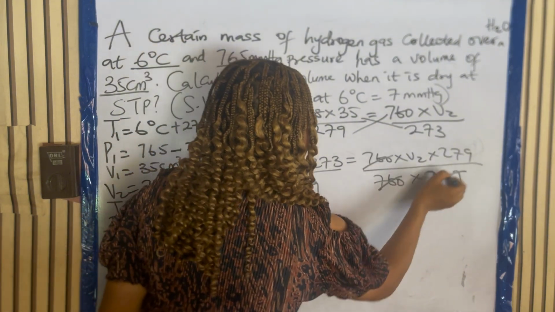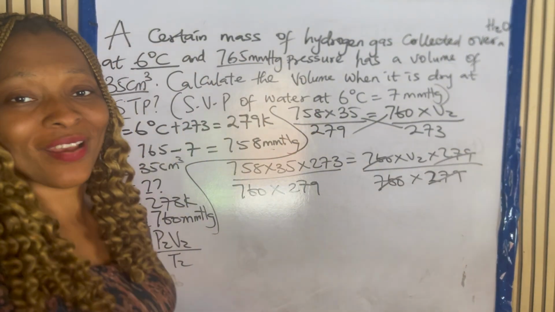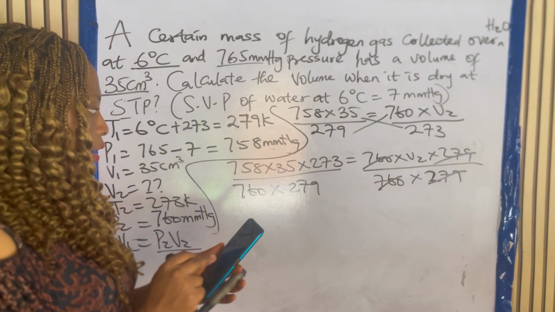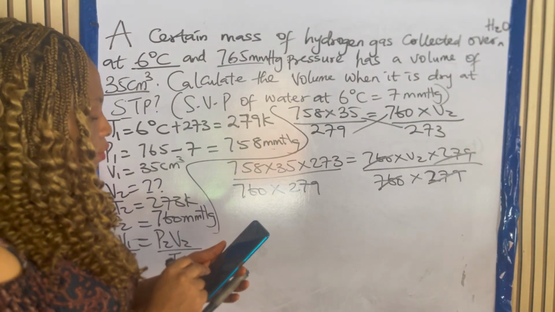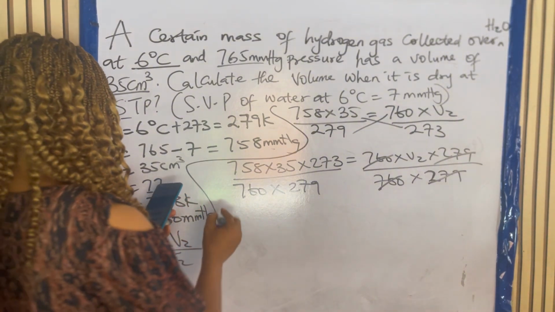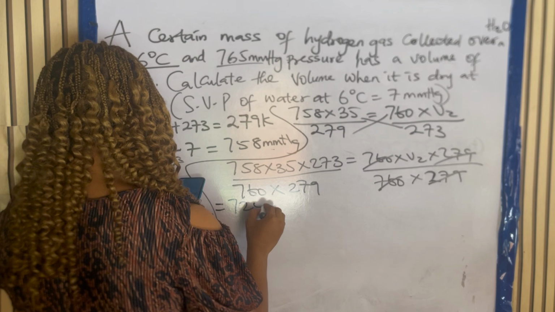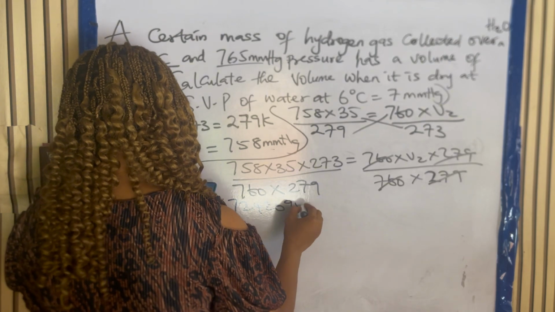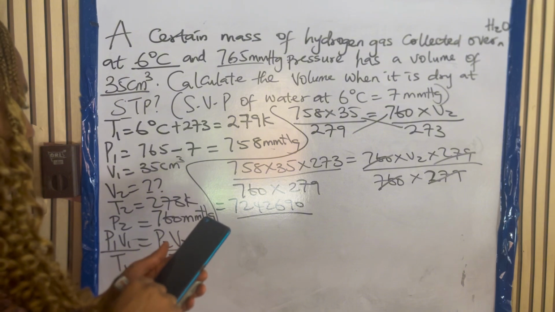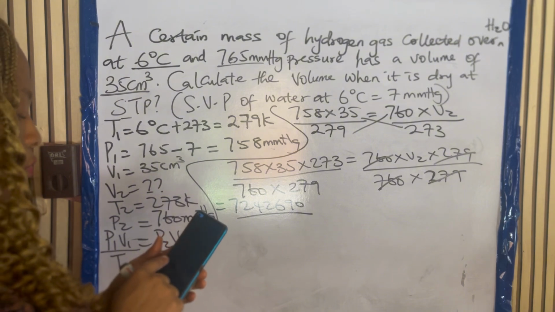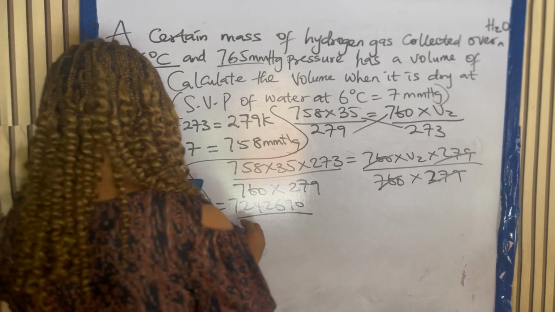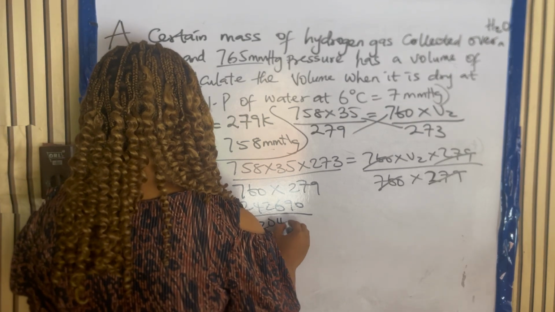So we press our calculator: 758 times 35 times 273 gives 7242690, divided by 760 times 279, which gives 212040.